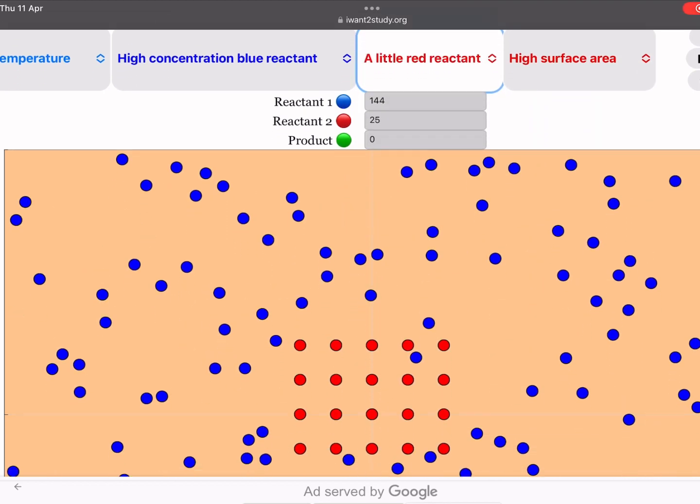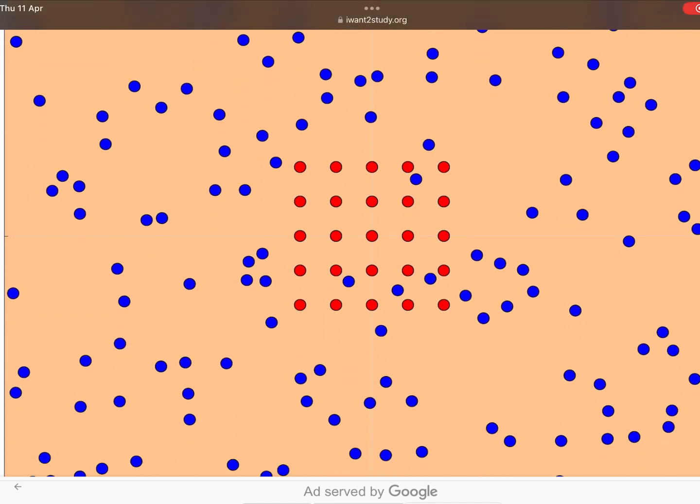Okay, this time I have a high surface area. The powder is such that each powder is one particle. Okay, now you can see that we don't just have to react with the outer layer of red particles. Now the red particles are sufficiently spaced apart such that the blue particles can come in and collide with any of them.